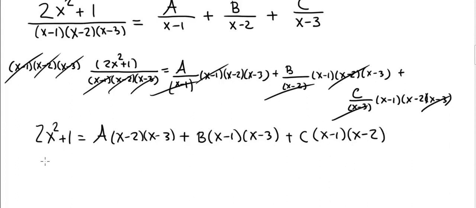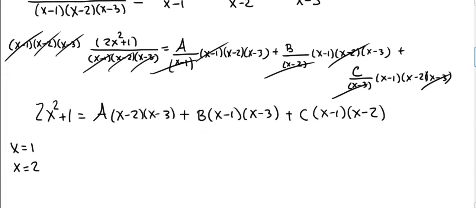Now to find A, B, and C, we simply are going to select values of x that will make some parts on the right 0. Those values are x equal to 1, that's going to make the B term and C term 0, x equal to 2, and x equal to 3.